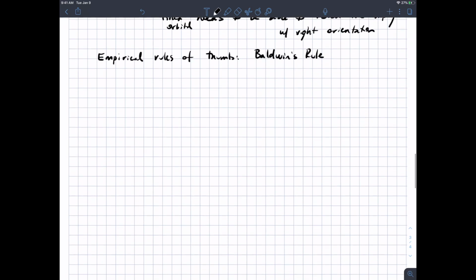So suppose you have an enolate and you want to do an intramolecular aldol reaction.